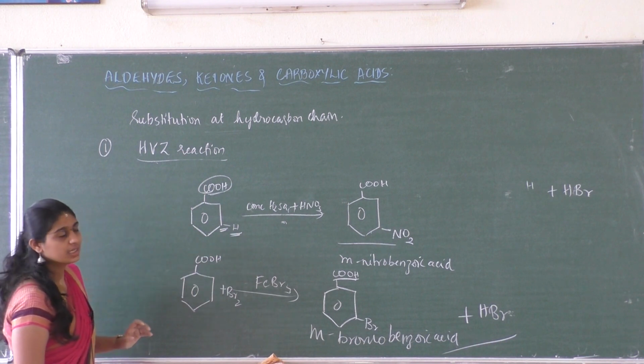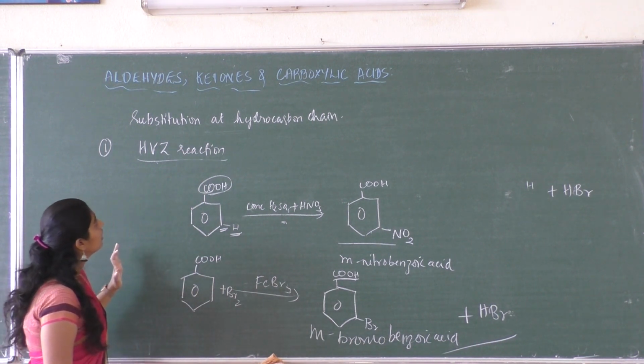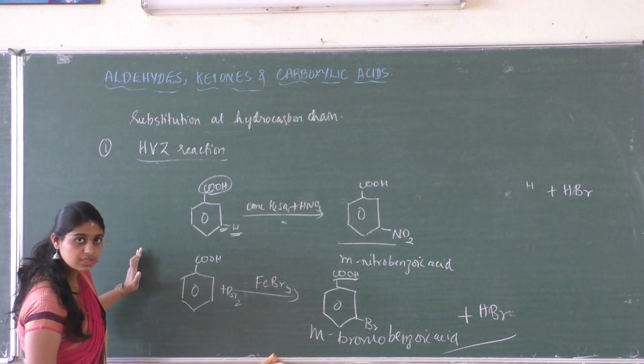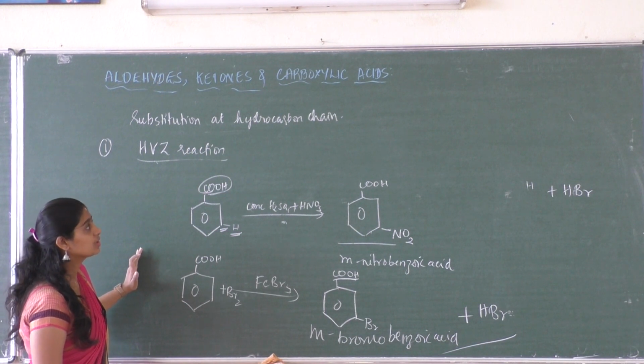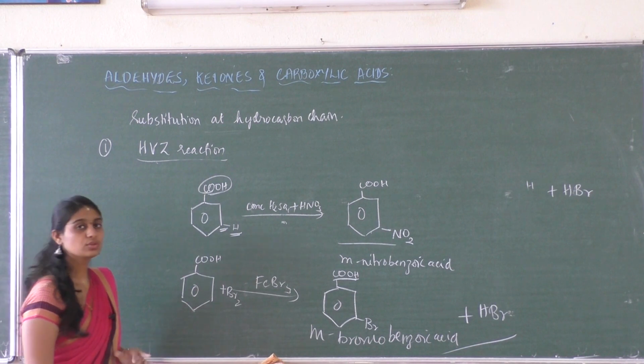And the HVZ reaction. So this is about the reactions which involve the cleavage of the carbon to oxygen bond, as well as cleavage of the COOH group, and then the substitution at the hydrocarbon part.